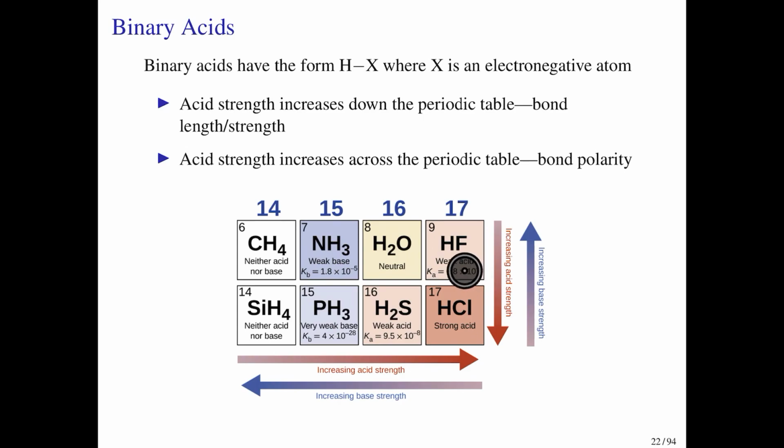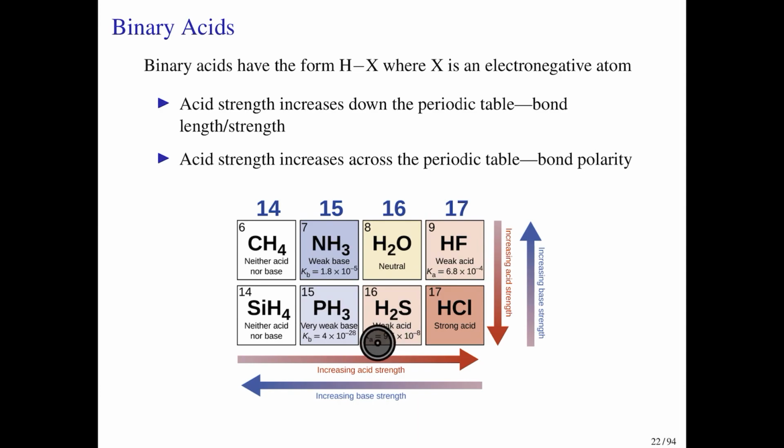The same thing's true if you compare here in group 16, so comparing water to hydrosulfuric acid. Sulfur is a larger atom than oxygen, therefore the hydrogen-sulfur bonds will be longer and weaker than the hydrogen-oxygen bonds. And so consequently, since there's a weaker bond between hydrogen and sulfur, it's going to be easier to give that proton away, and so hydrosulfuric acid will be a stronger acid than water.